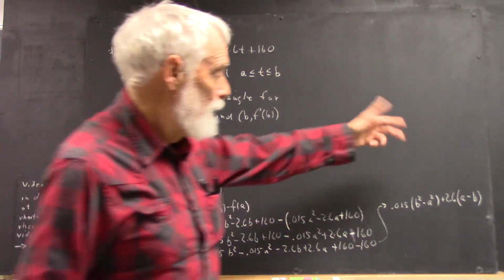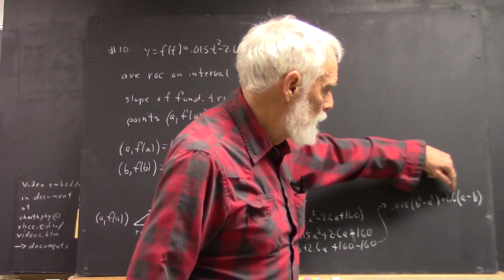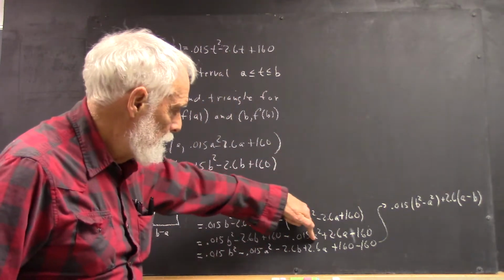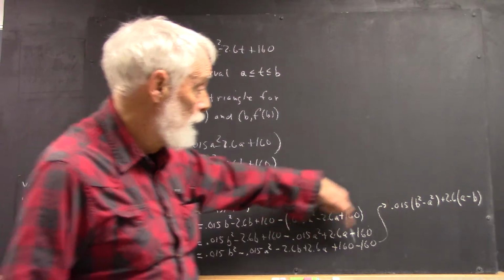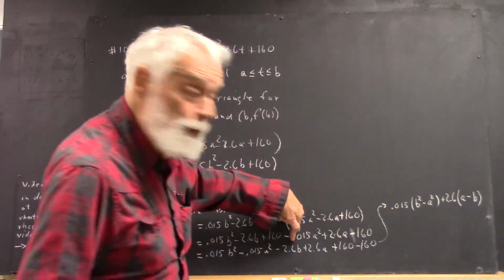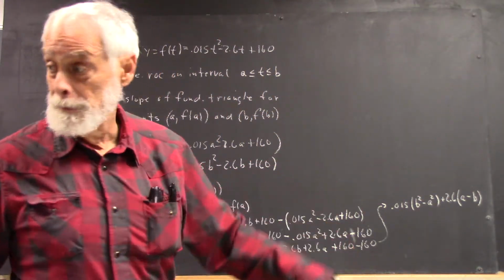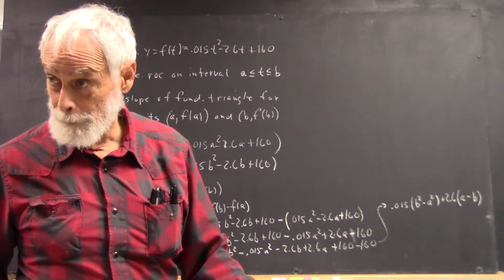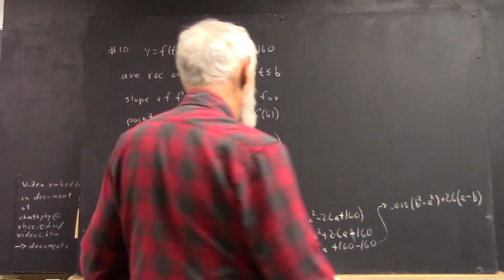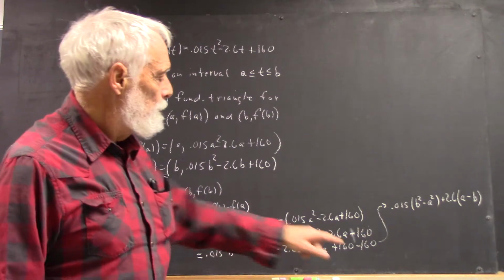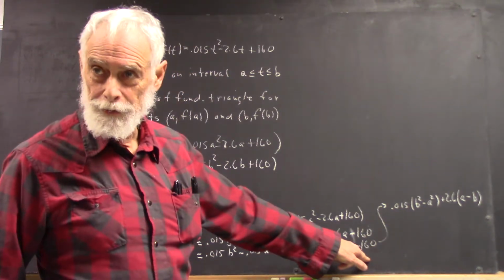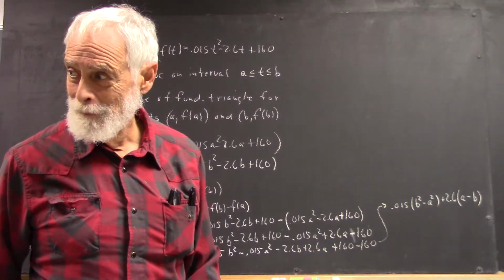But you can again check. If I multiply that through, I get a plus 2.6a to match the plus 2.6a and a minus 2.6b to match the negative 2.6b. Right? And then I have a really easy one, plus 160 minus 160. What's that going to give me?